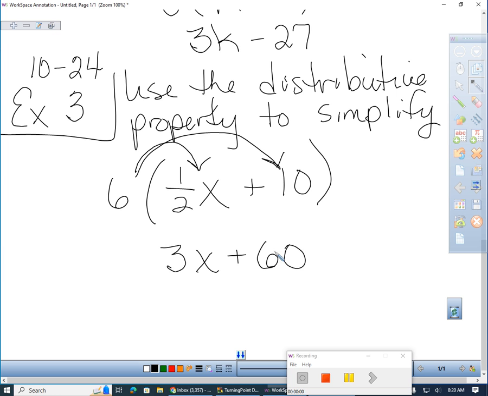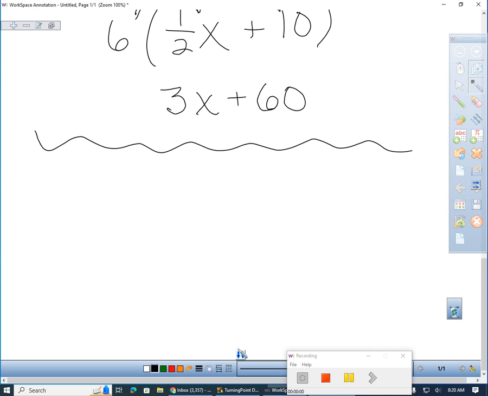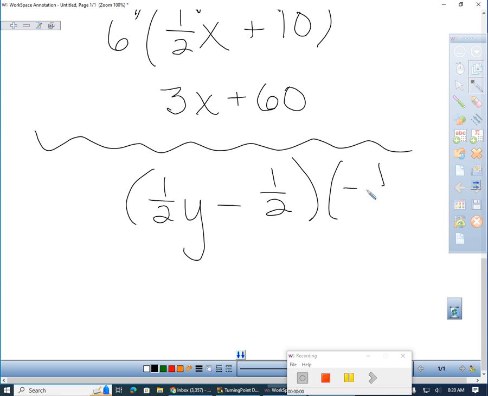All right, let's do one more from that section. I'm going to make it a little bit tougher. You guys up for tougher? Oh, yeah. All right. So let's go with (1/2 y minus 1/2) times -1/2.